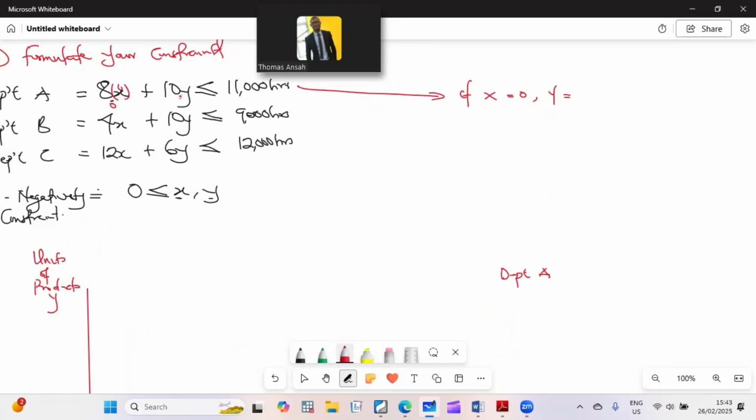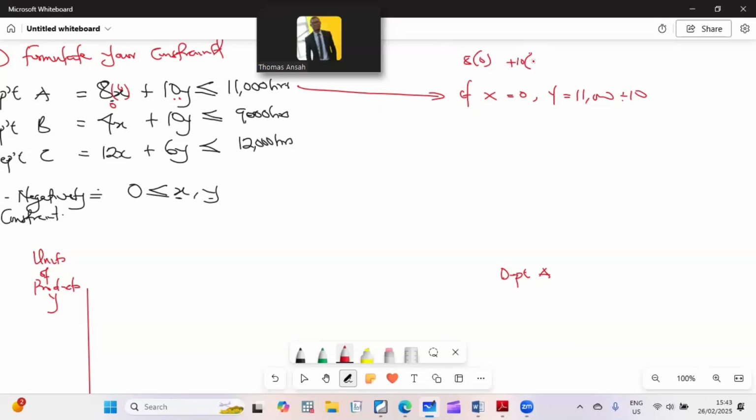So what we will have here is 8 times 0 plus 10 of Y, equal to 11,000.